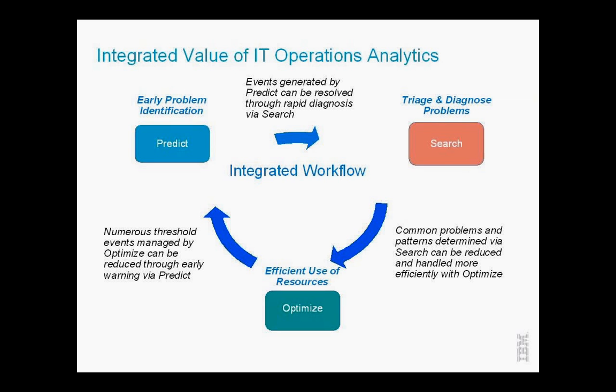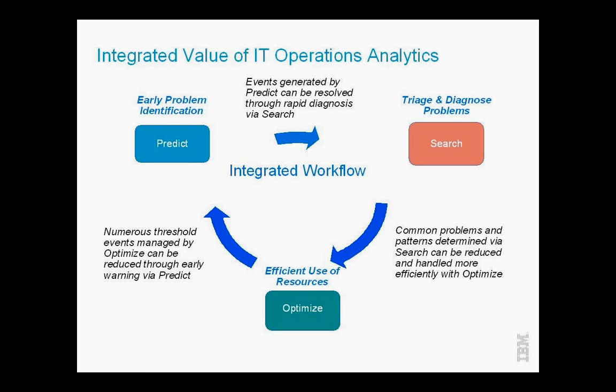Right? And if we look, those events that are raised by predict can be fed into search to help me triage and diagnose problems. And with search, as I've started to find and fix common sets of problems, I can feed that into the optimized tier to help me more efficiently use my resources, not end up solving the same problems over and over and over again.